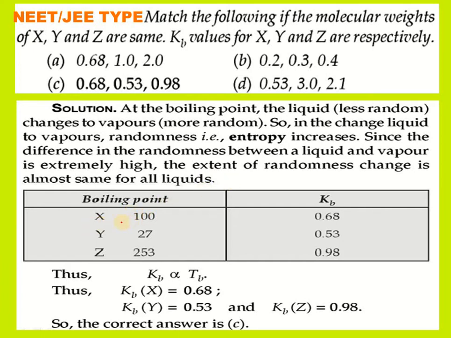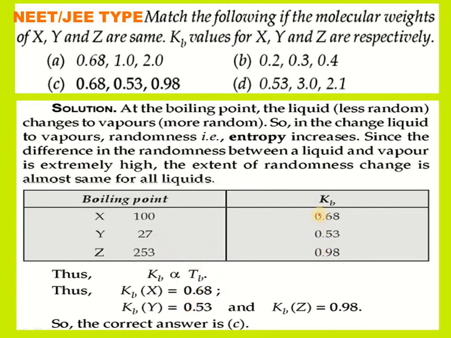Here, the boiling point of X is 100, of Y is 27, and of Z is 253. Now Kb is directly proportional to boiling point, so the Kb of X is 0.68, Kb of Y is 0.53, and Kb of Z is 0.98. Because here, whichever is a small value and whichever is a big value, accordingly you can arrange it.